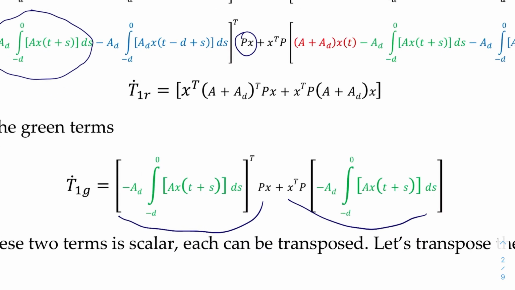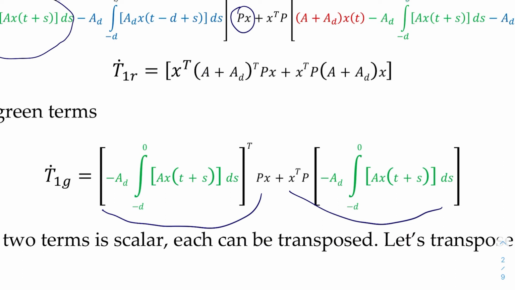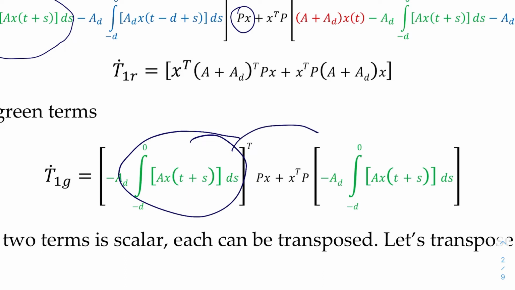There's some symmetry. We can see that pattern. If we take the transpose of this expression, we get this expression. And the two expressions are themselves scalar, so we can take the transpose of that, and since it's scalar, it wouldn't be a problem, and it would be a legitimate operation.